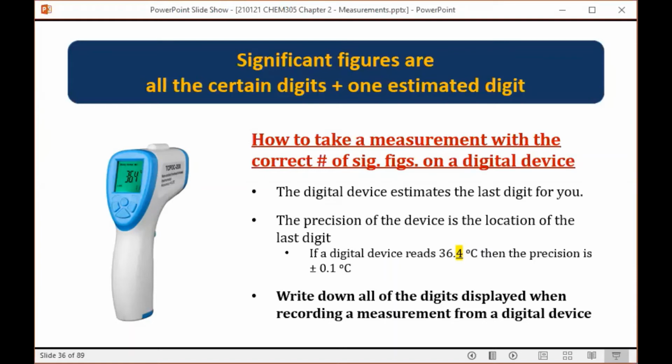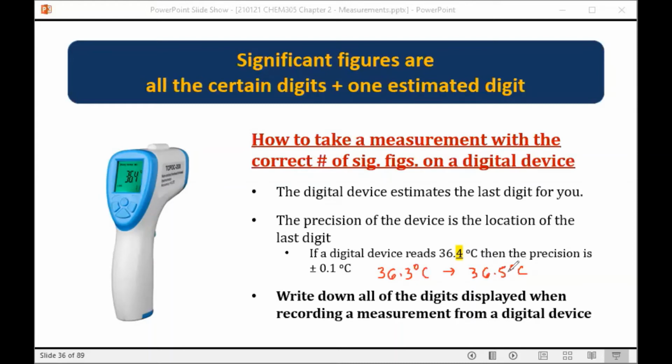So that means our precision on this measuring device is plus or minus 0.1 degrees Celsius, a tenth of a degree Celsius. That means we would expect our true reading, or the accepted range for the reading, to be 36.3 degrees Celsius to 36.5 degrees Celsius.